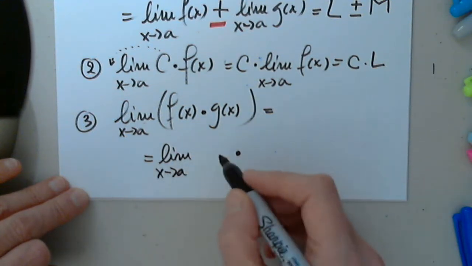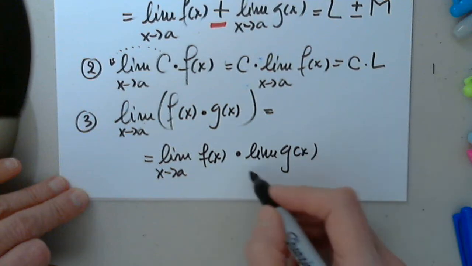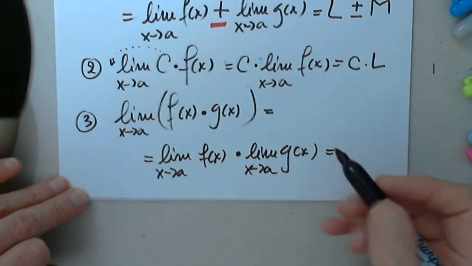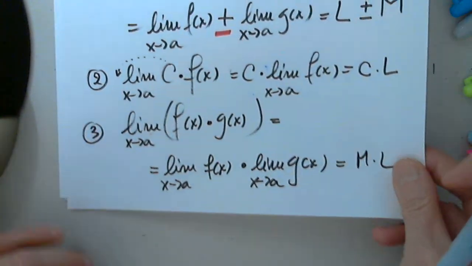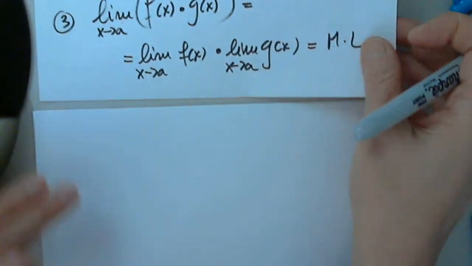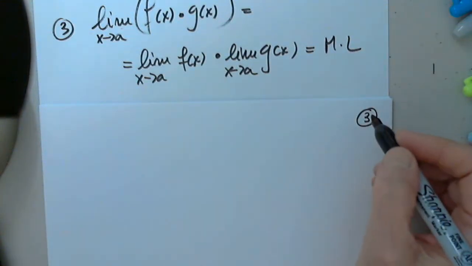An educated guess, actually. Thank you very much. Of course, L times M. Any questions so far? I know we haven't even discussed an example, but if you have any doubts, always stop me.